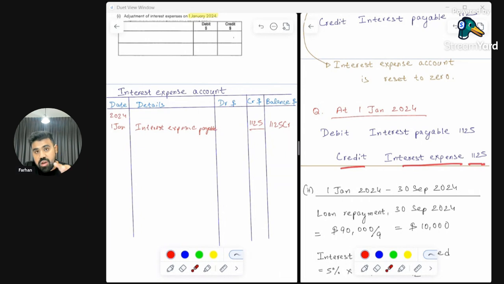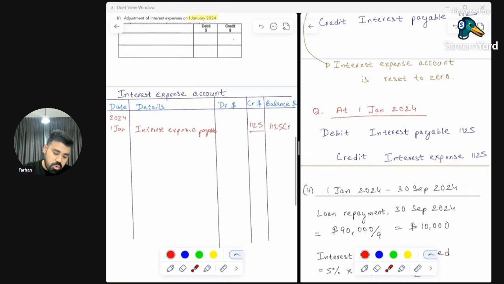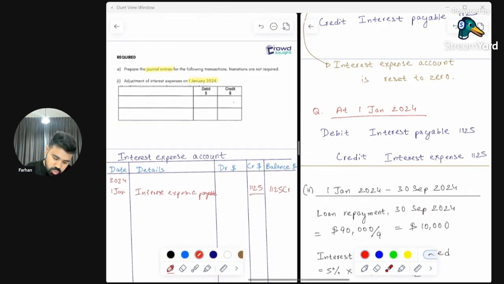Okay, so this is the first set of journal entry at 1 Jan 2024, which refers to the adjustment of interest that we still had accrued from the end of the previous financial year at 31 December 2023. So let's just fill this in within the table that we are given here. We would be debiting interest payable by 1,125 because our liabilities are going down.